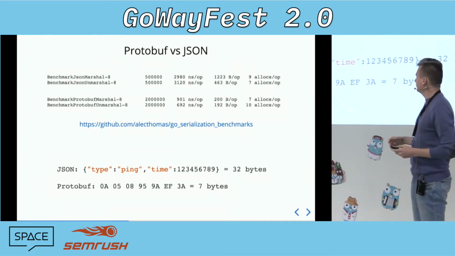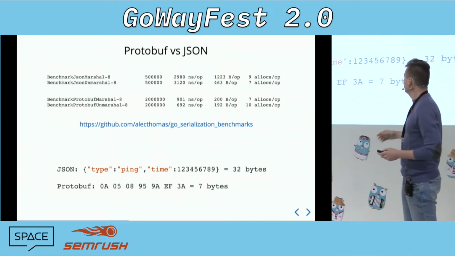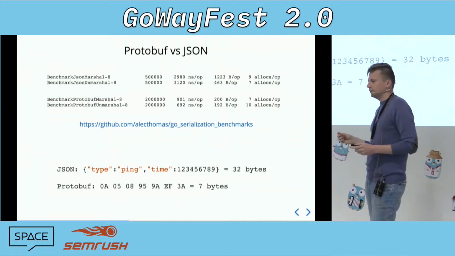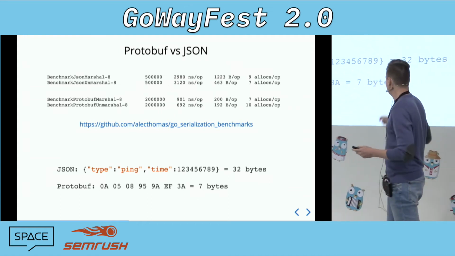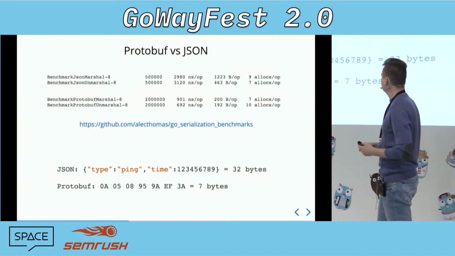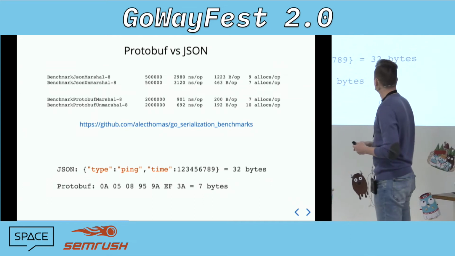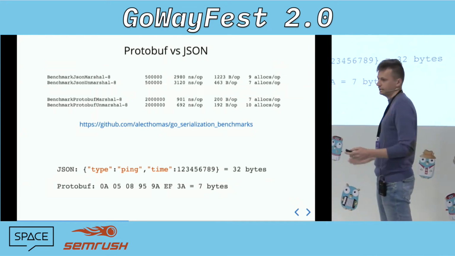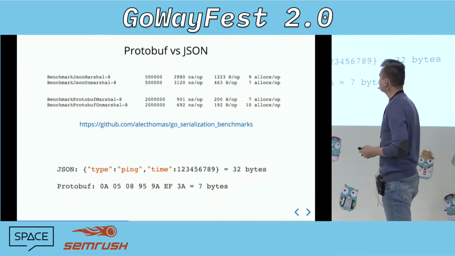Also, as protocol buffers are binary, they can serialize data into a more compact format. Here we can see an example of the same data serialized into 32 bytes in case of JSON and into just 7 bytes in case of protobuf.